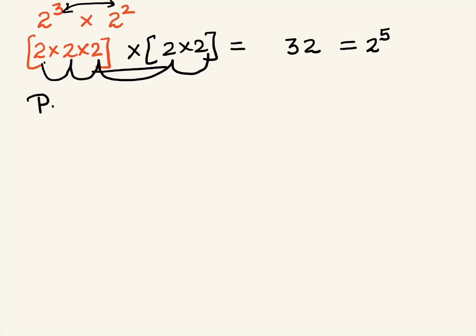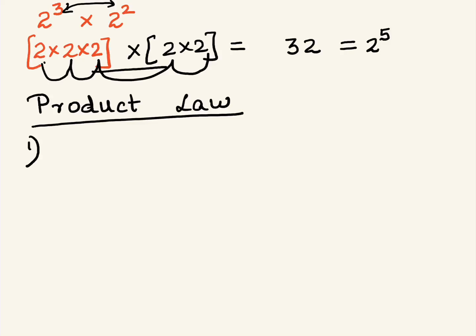So let us write down our first rule of indices, what we will call the product law. So for my example, 2 to the power 3 into 2 to the power 2 would be 2 to the power 3 plus 2, that is 2 to the power 5, right? As I said earlier, you can have any base, right?